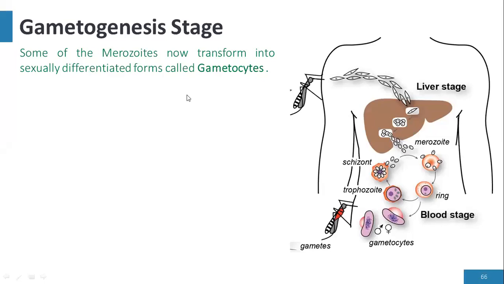Now we have completed how the life cycle happens in human beings so far in the RBC. When many symptoms start coming to the human being, surely the body's defense system will activate.